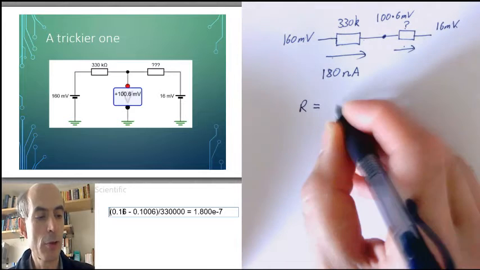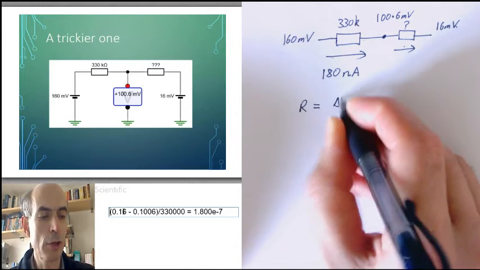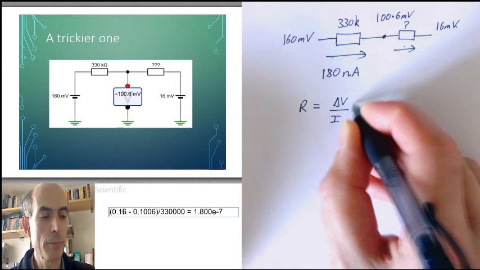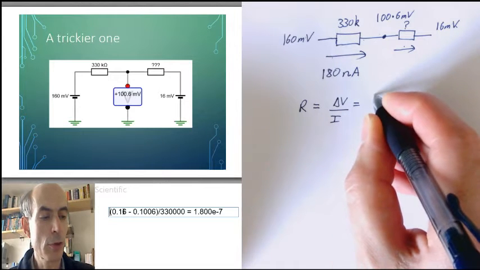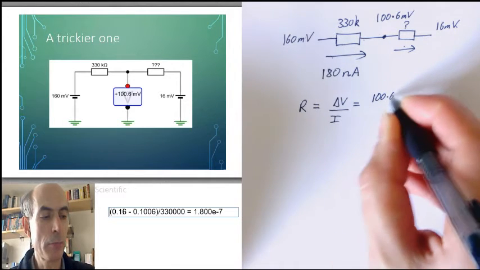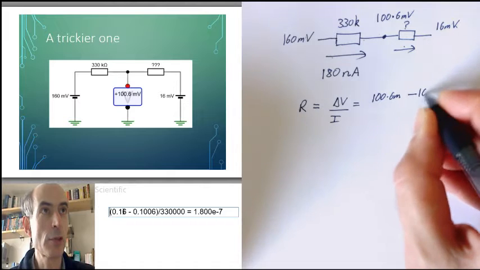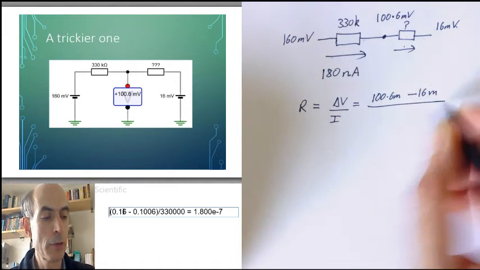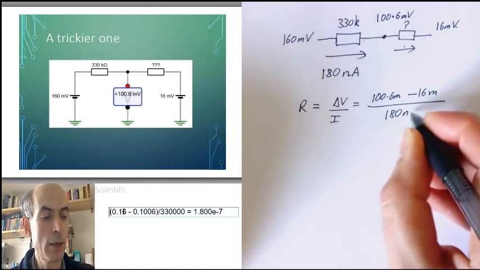Resistance is the change in voltage, delta V, over the current. In this case, that's 100.6 millivolts minus 16 millivolts divided by 180 nanoamps.